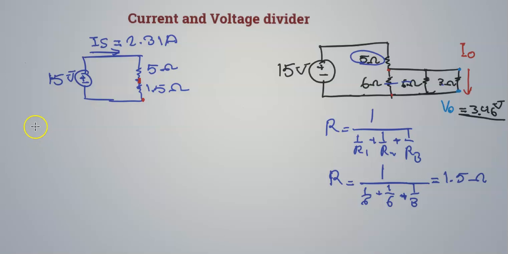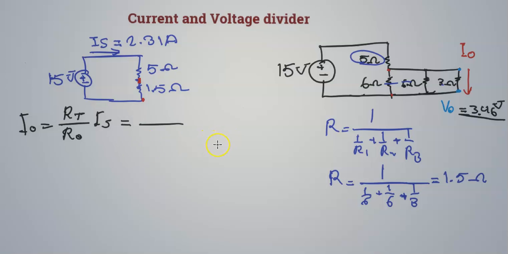Now let's see how we can calculate I naught using the current divider rule. If you remember, the current divider rule says Ix or I naught equals the total resistance divided by R naught times I source.